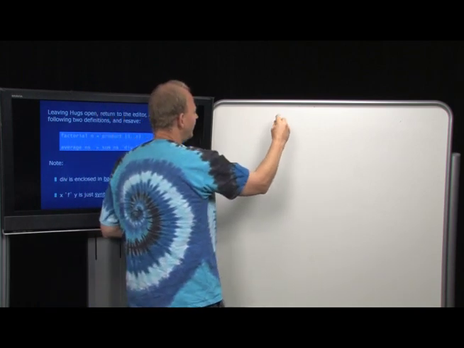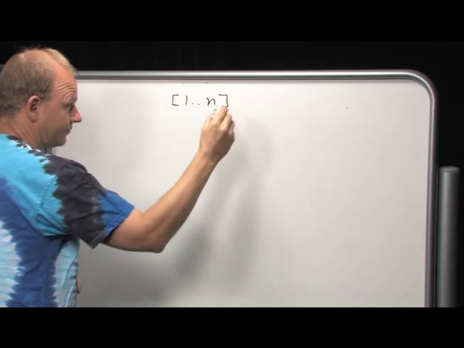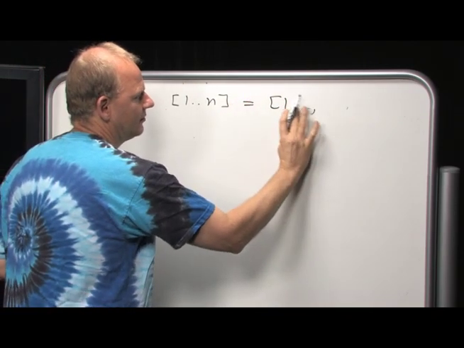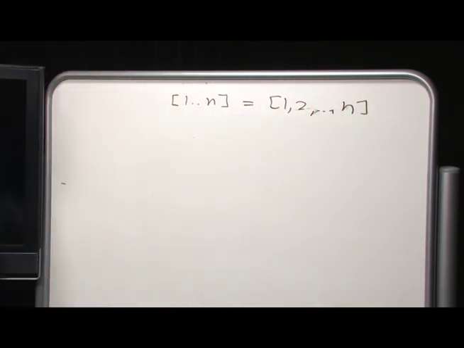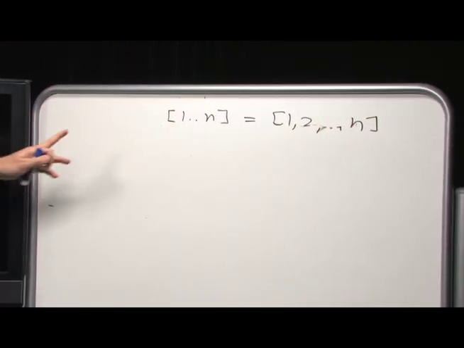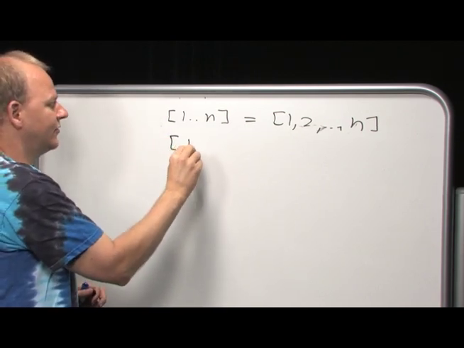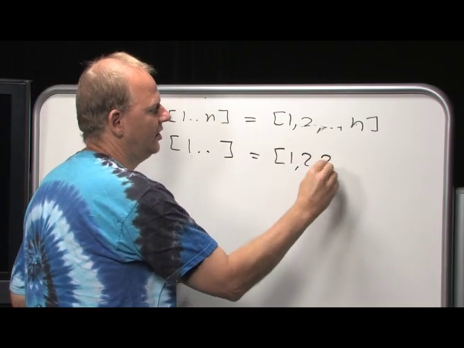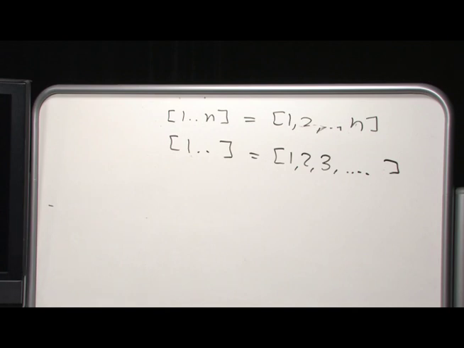So this guy creates the list 1 up to n. Now imagine that we didn't have that, but I only had a way to create infinite lists. So I could write this, and that would be the infinite list 1, 2, 3, etc. That would be my primitive.